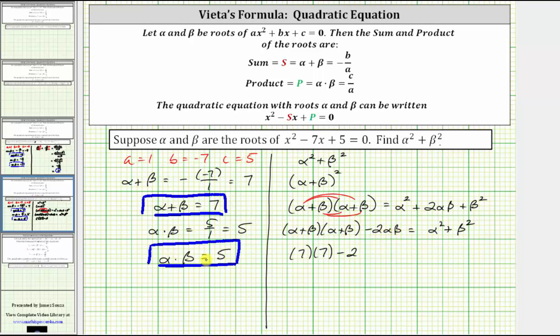Alpha times beta is equal to 5, so we have times 5, and this is equal to alpha squared plus beta squared. Well, 7 times 7 is 49, and 2 times 5 is 10. So now we know that alpha squared plus beta squared is equal to 39.